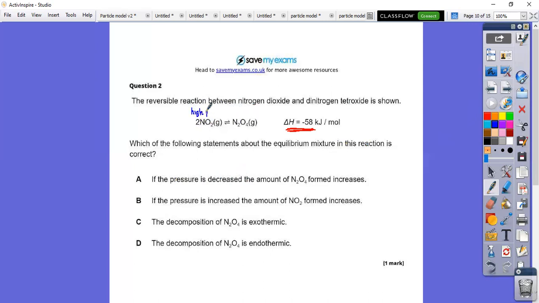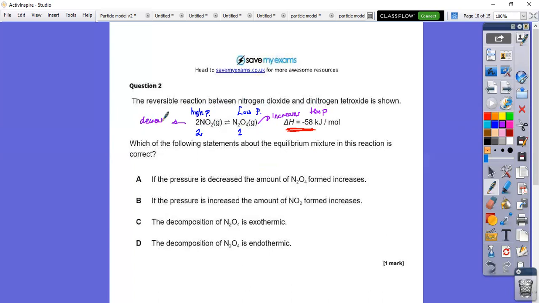You're right. High P, and this side would be low P, low pressure, because I've got 2 moles of gas here, and I've only got 1 mole of gas there. And we've been told that this direction increases temperature, and this side decreases temperature.